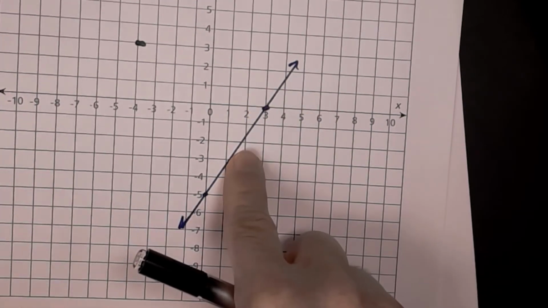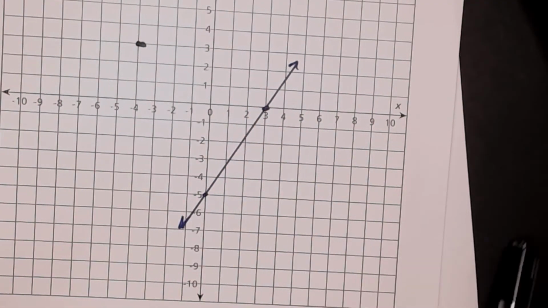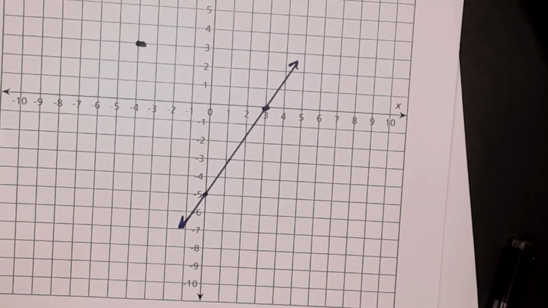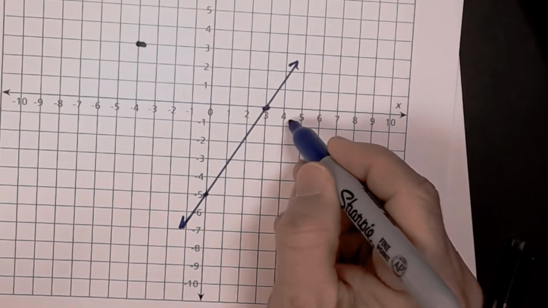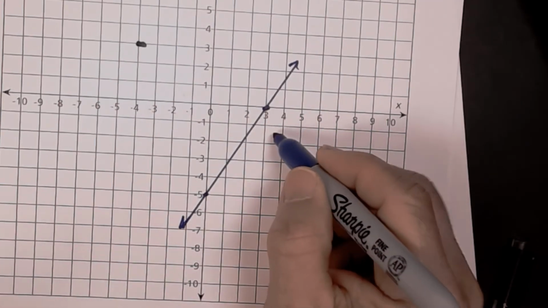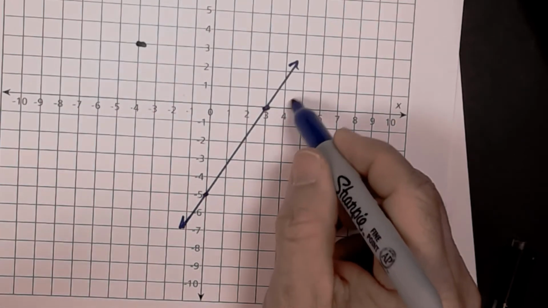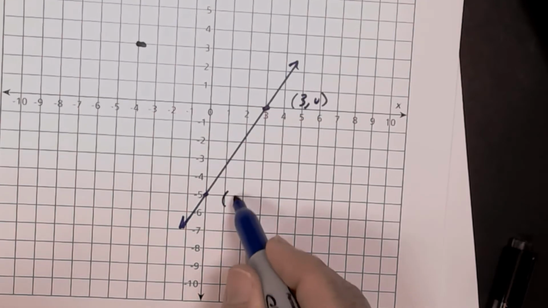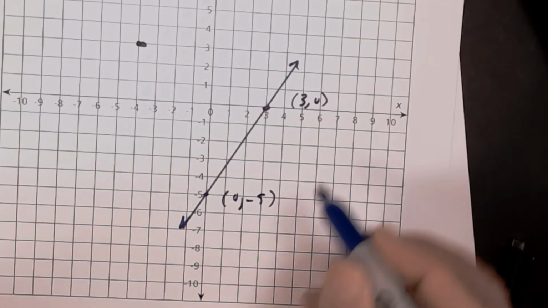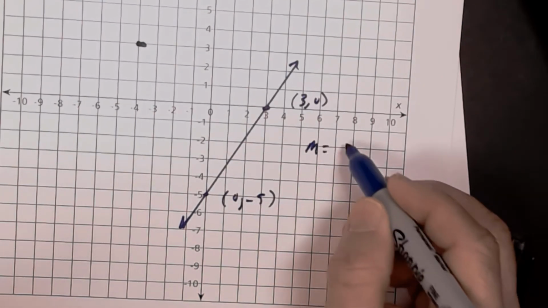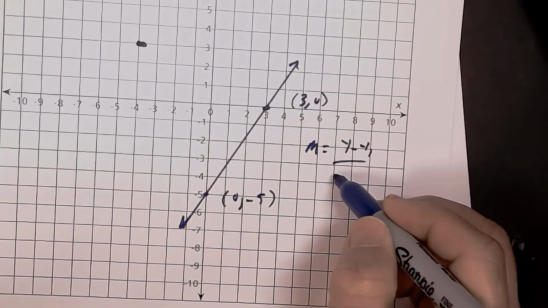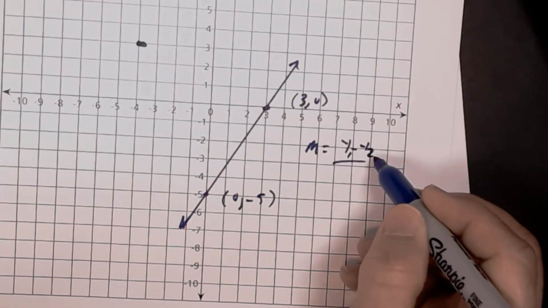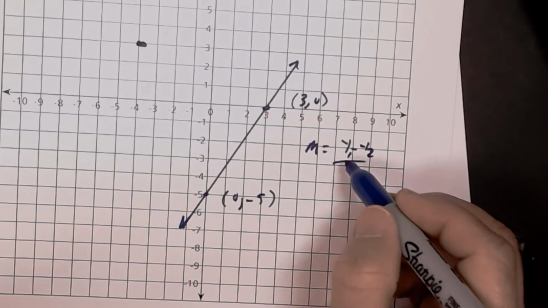How do you find the slope of that line? Well, remember, slope-intercept form. I didn't mean slope-intercept form, I mean the slope formula. This point here is 3, 0, right? And this point here is 0, -5. So the slope formula is y1 minus y2, or y2 minus y1, doesn't matter.